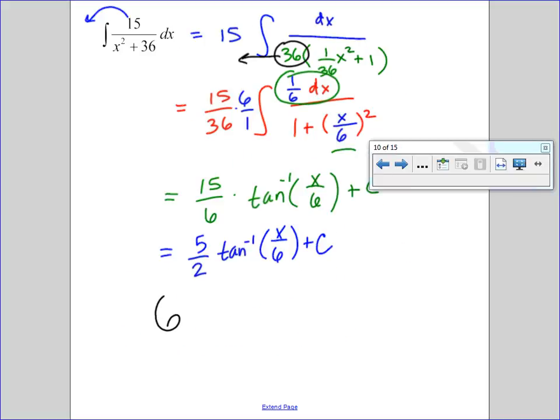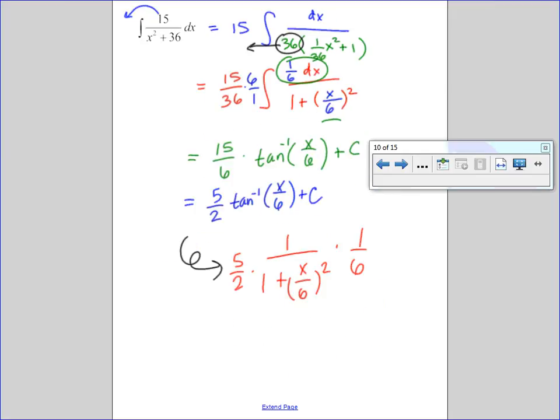So I'm going to go ahead and check that because I've got the 5 halves. Let's check it and see what we get. So the derivative of 5 halves times inverse tangent differentiates to 1 over 1 plus input squared times the derivative of the input, right?